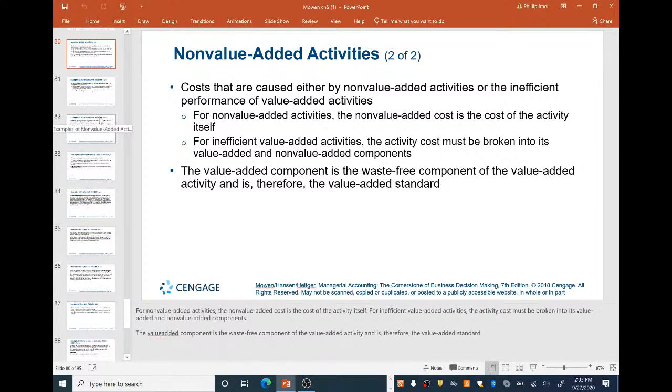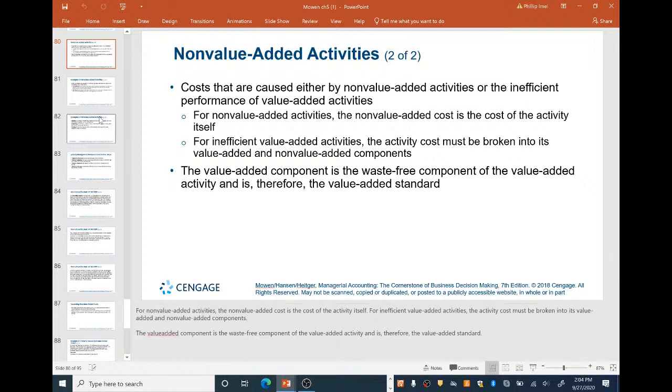More on non-value added activities: the costs that are caused either by non-value added activities or the inefficient performance of value added activities. For non-value added activities, the non-value added cost is just the cost of the activity itself. If it's a non-value added activity and it doesn't meet any of those three thresholds, then the activity itself is the overall cost of the non-value added activity.